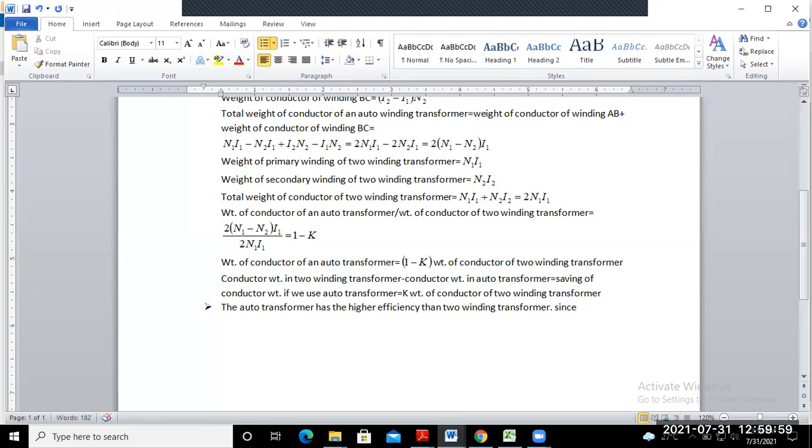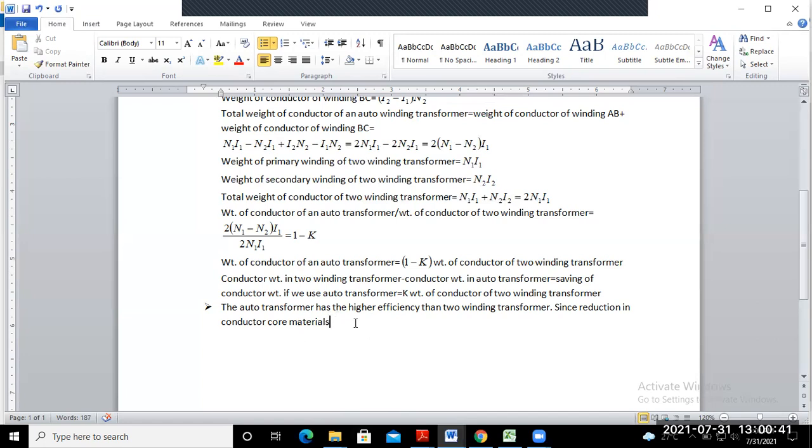Since the reduction in conductor material as well as core material, the losses will be reduced.